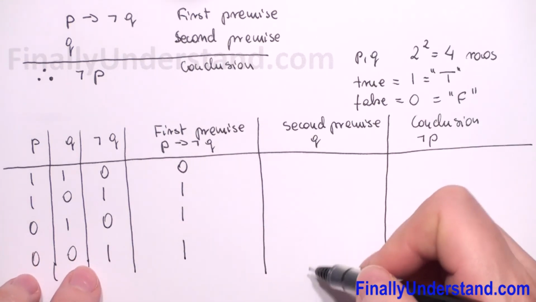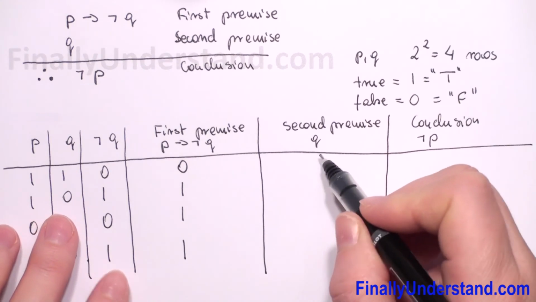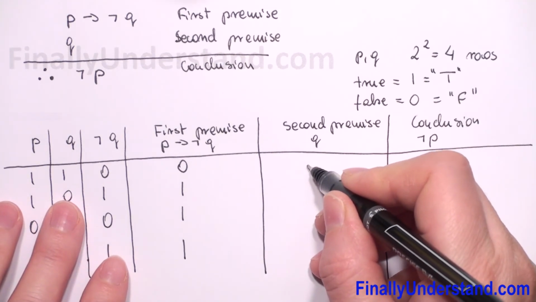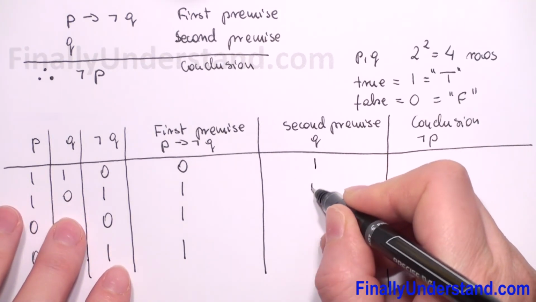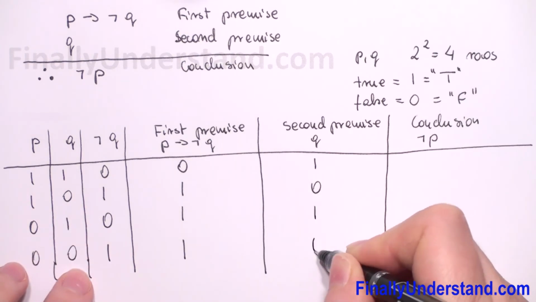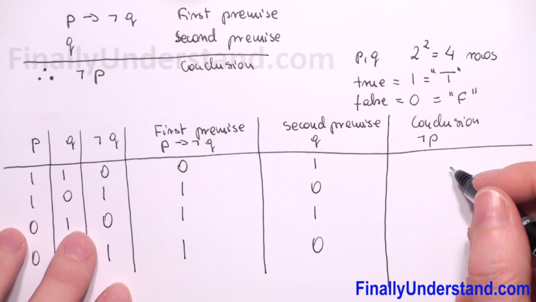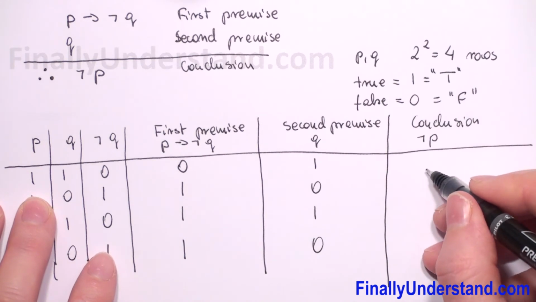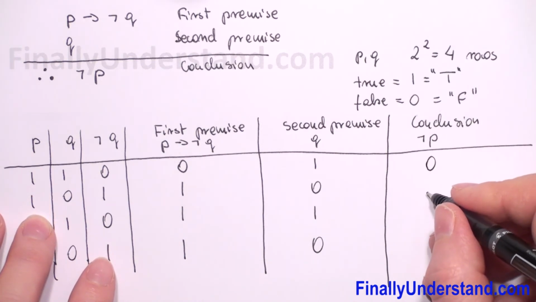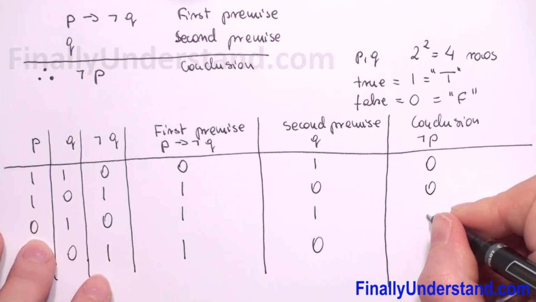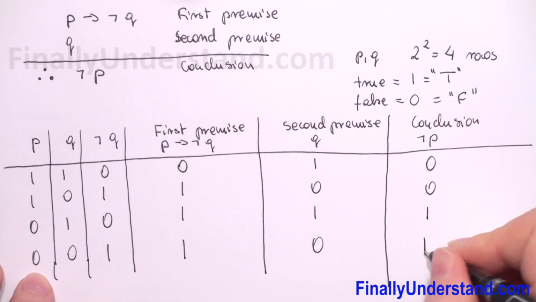Next, we have to copy Q, because the second premise is the Q statement: 1, 0, 1, 0. And we have the negation of P. So not 1 will be 0, not 1 will be 0, not 0 will be 1, and 1.